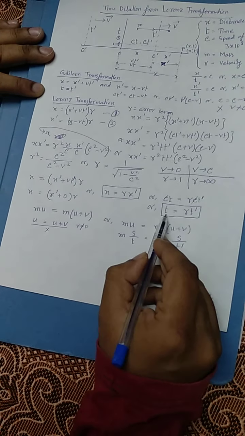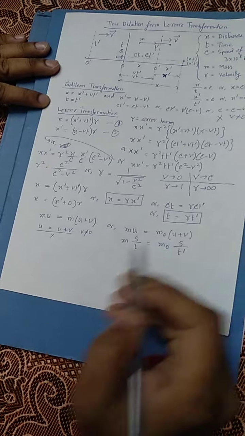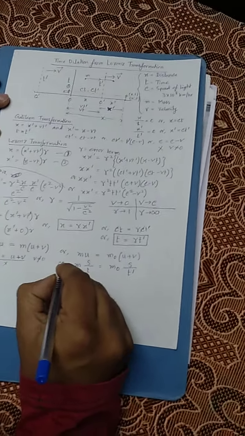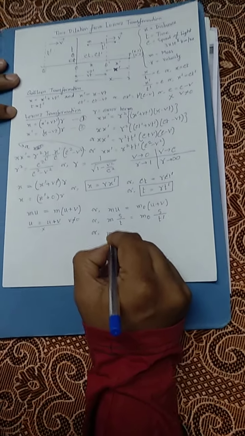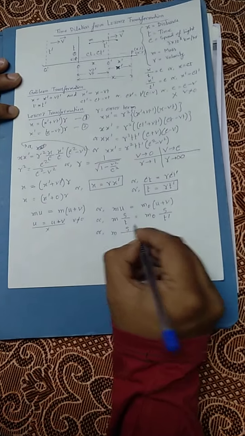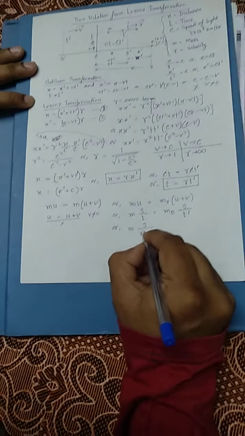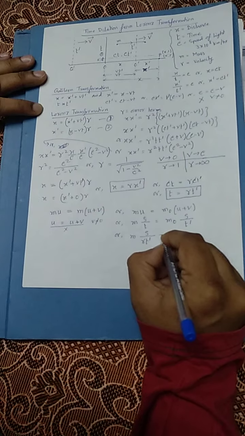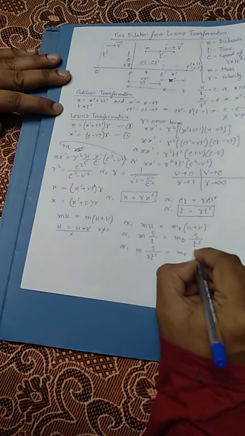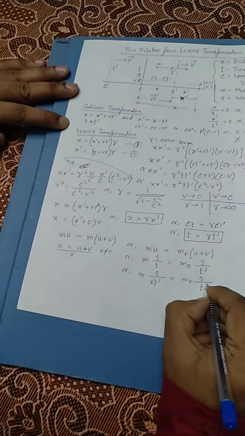Now the s will cancel out from both equations, and from time dilation we can write t is equal to gamma t prime. So if I write here, we have m equal to s by gamma t prime, equal to m0 times s by t prime.